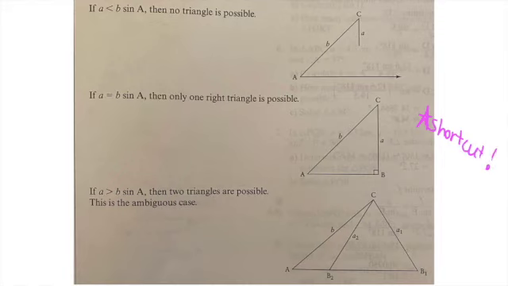If you're looking at a triangle and you've labeled it angle A, and then opposite of it side A, and then B is here, or it could be C. If you get that A, this side here, is smaller than B times sine A, then no triangle is possible, and it would look like this. The drawing doesn't actually work. That swinging arm from the beginning of the lesson wouldn't actually touch down here, and it doesn't form a triangle.